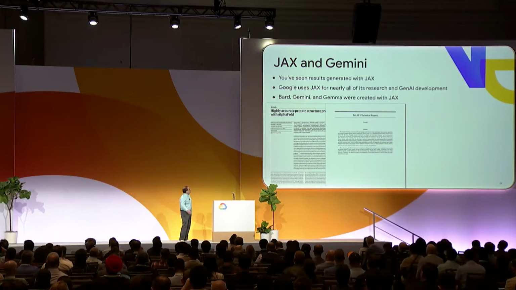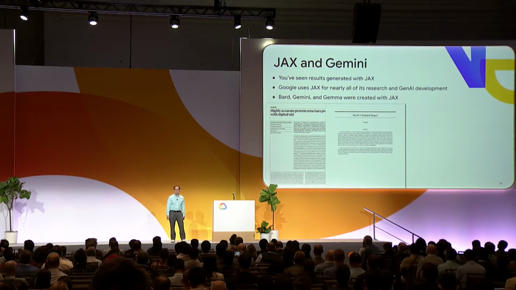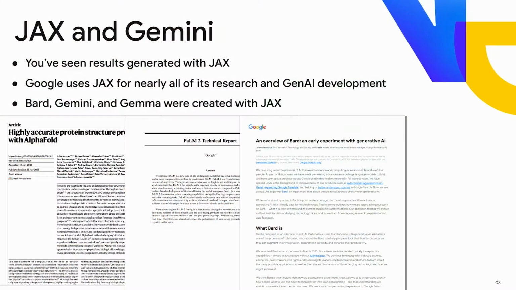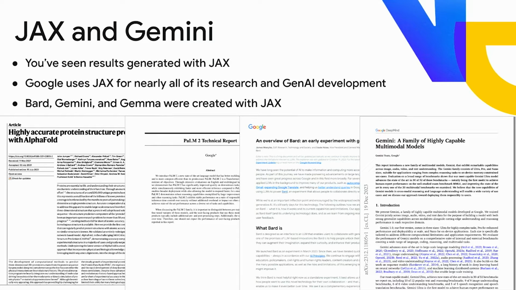Huge advance based in JAX. Palm 2, we remember Palm 2, it was a huge advance in Gen AI. And now we have Gemini, which we've talked a lot about. And BARD, which seems like forever ago. It was just under a year ago.